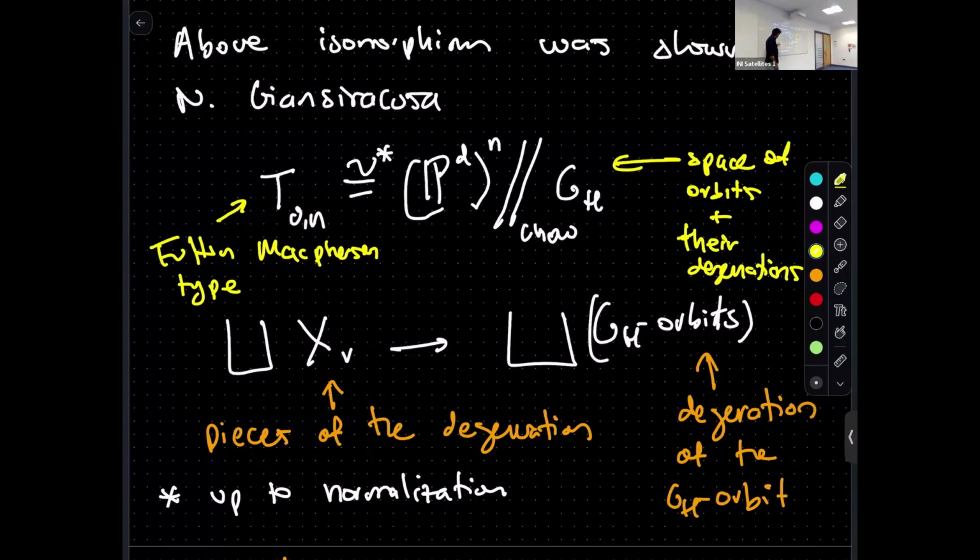Then what you do is relate the components of the degenerations with unions of orbits.